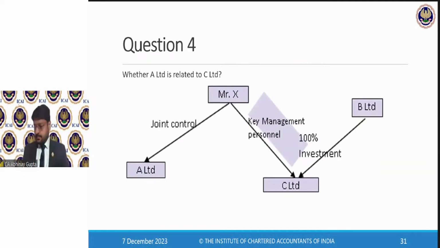This one. So the question is same, only the chart or relationship pattern is changing. Please answer this one.